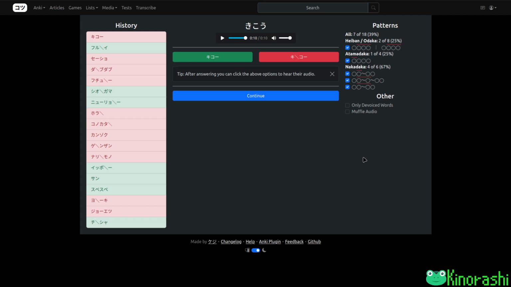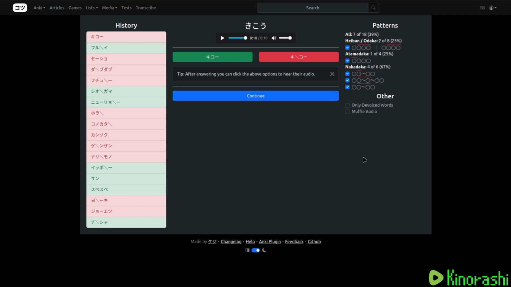Most Japanese dictionaries use the same notation for defining pitch. A number indicates the mora after which the downstep occurs, or 0 if there is no downstep.